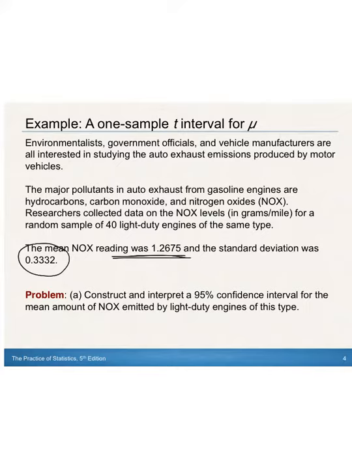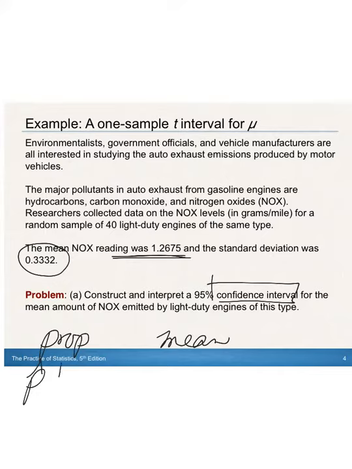So first we ask, what are we being asked to do? Okay, a confidence interval. Then we look for clues in the problem to tell us whether that confidence interval has to do with a proportion or a mean, because we're talking about two different equations.